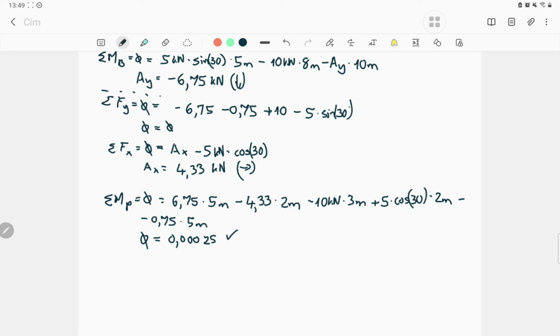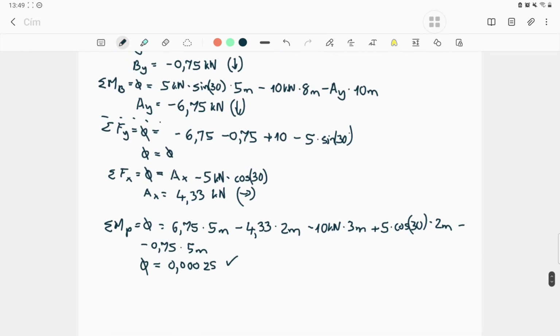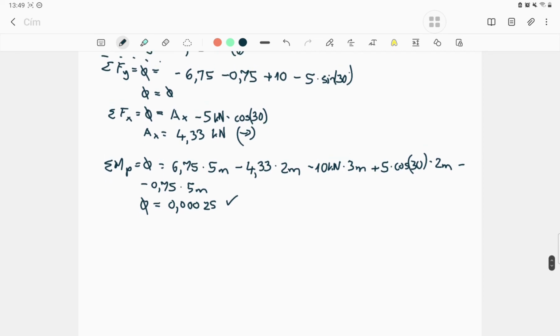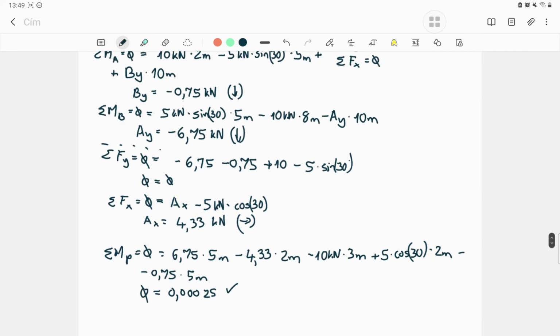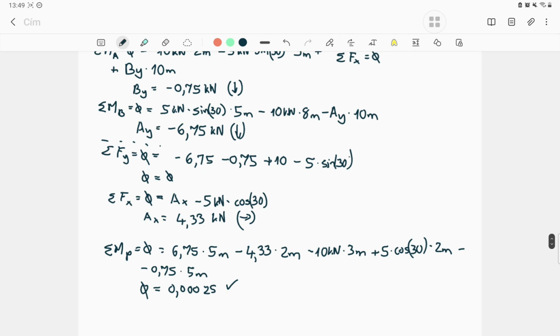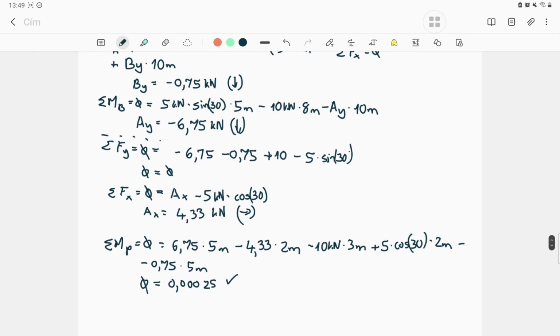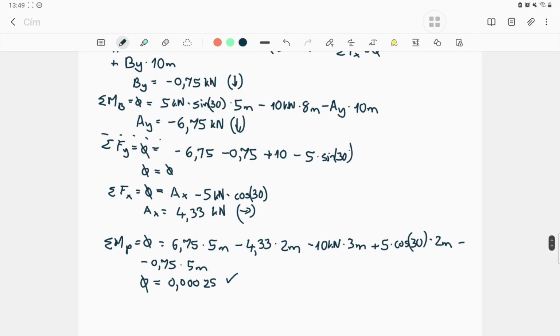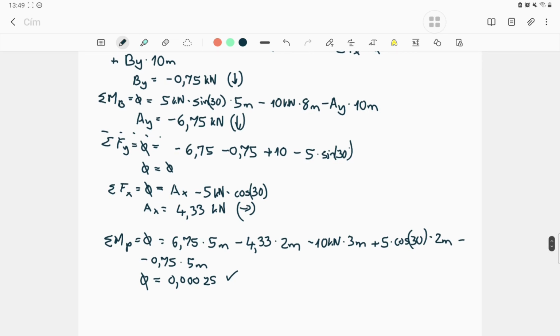So it's 0. Of course, the more digits you use, the closer you get to exactly 0. The sine and the cosine functions, if you remember, are almost every time infinite numbers. So this is why you can see the AX is not exactly 4.33, by the way. This is why it's not exactly 0 as it was in the AY.